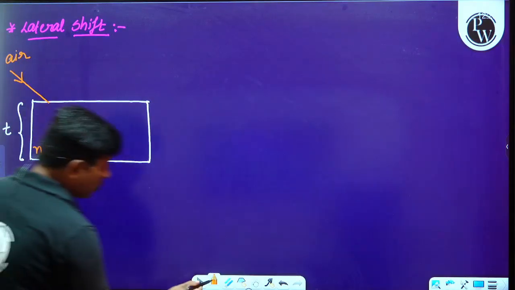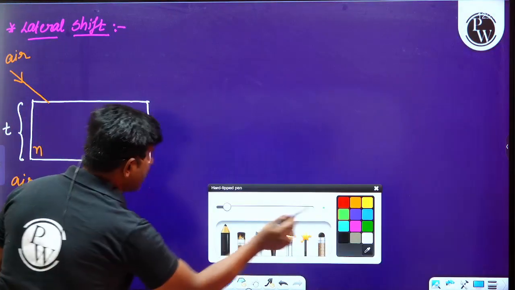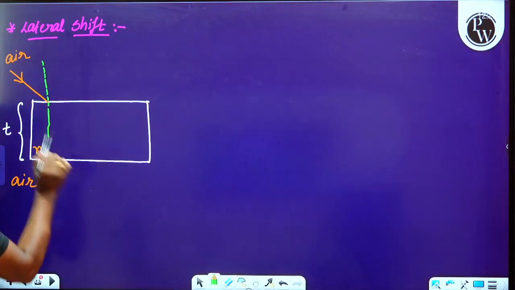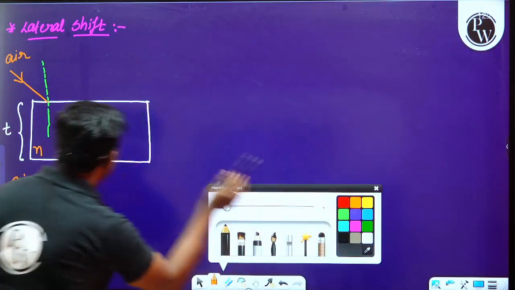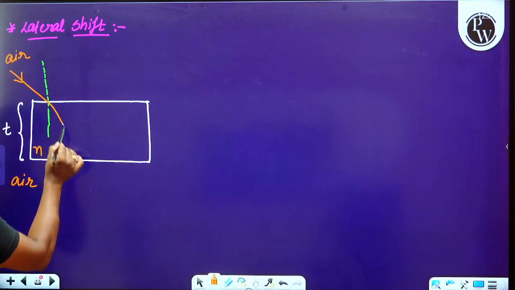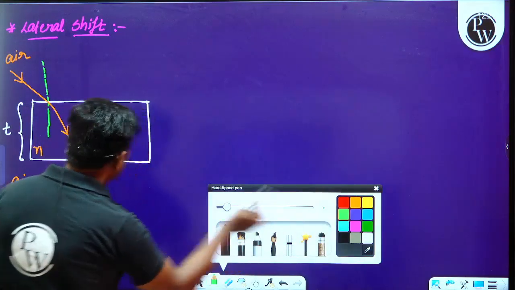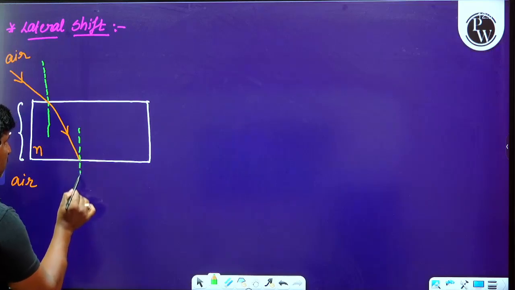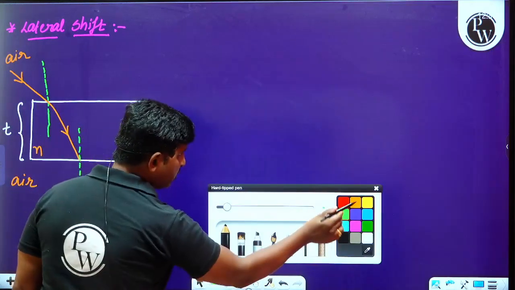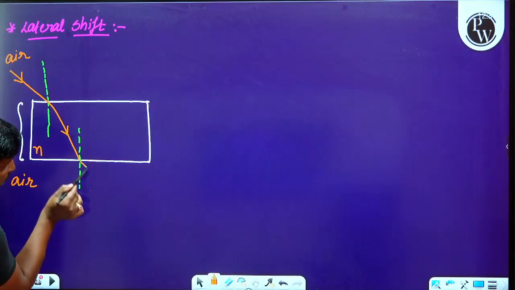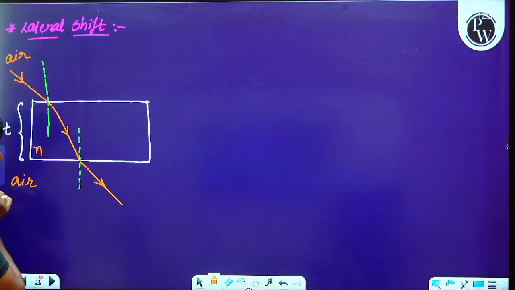Please look at the board carefully. What is happening here? Whenever a ray travels from air medium to glass medium, it will bend towards the normal. Is it clear? Please observe the diagram carefully. Later, when it travels from glass medium to the rarer medium, again it bends away from the normal.